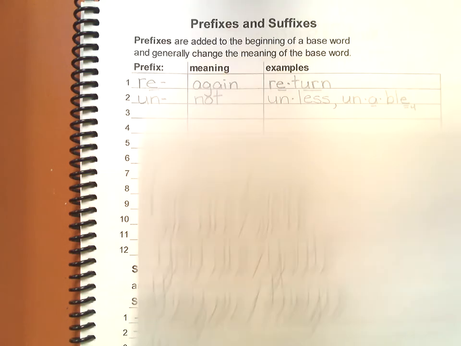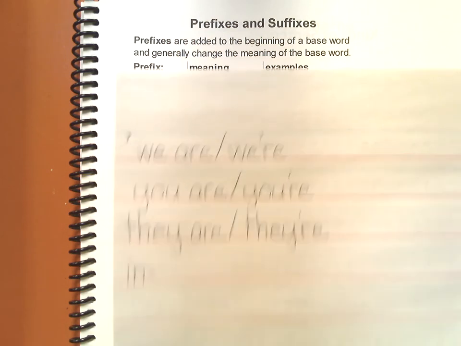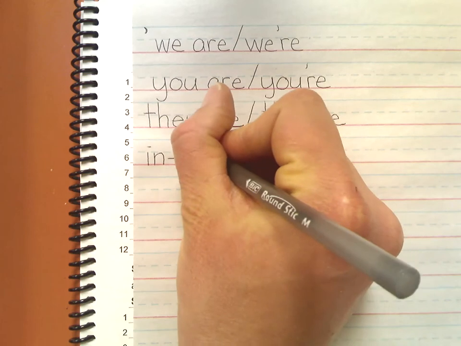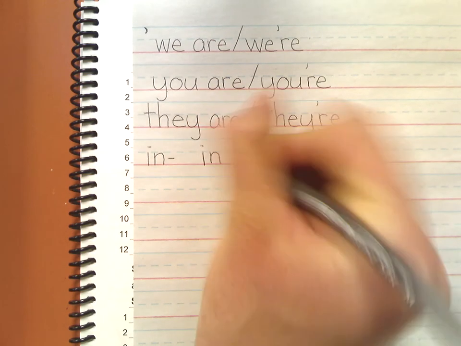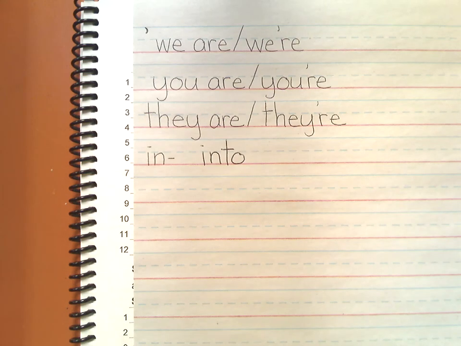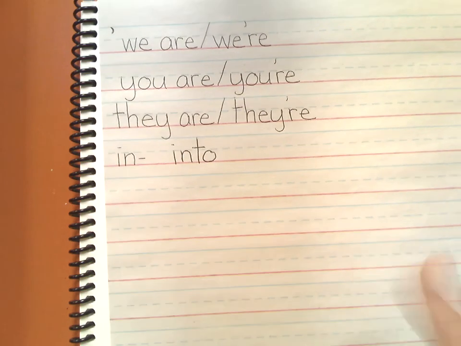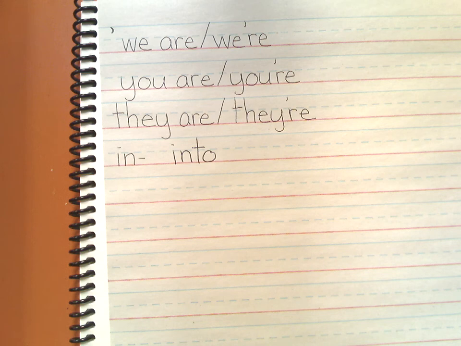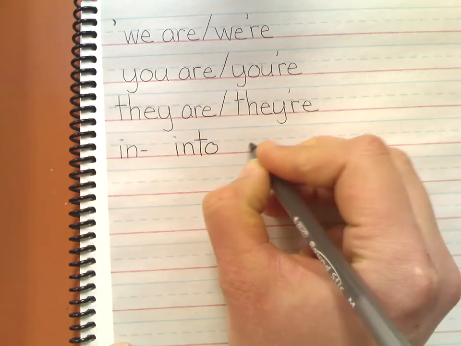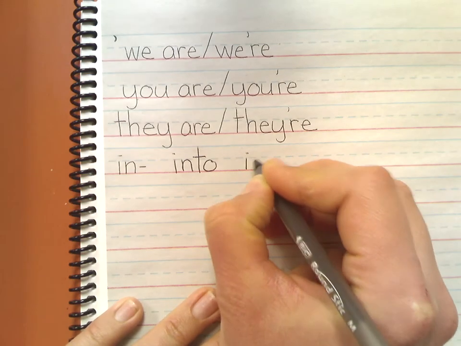So we're going to write into where it says meaning. Into. All right, and our example will be inform. Inform. So go ahead and write inform and mark it. Remember to do the syllable break. All right, pause the video if you're not finished yet. Inform.